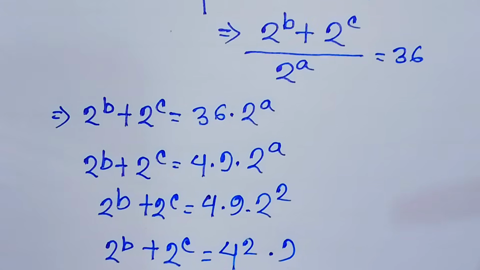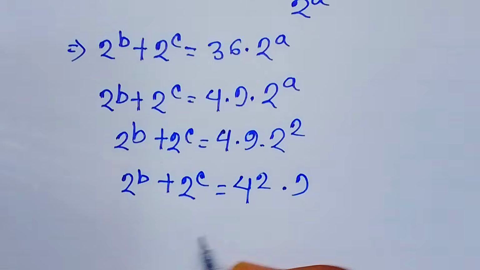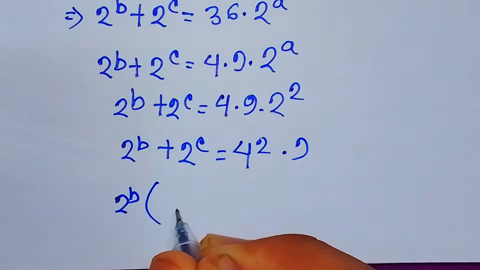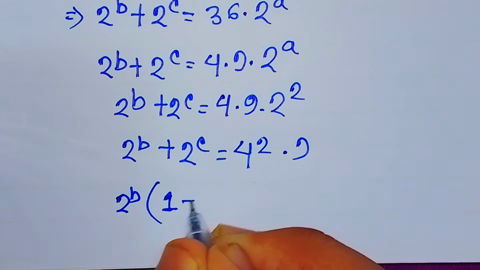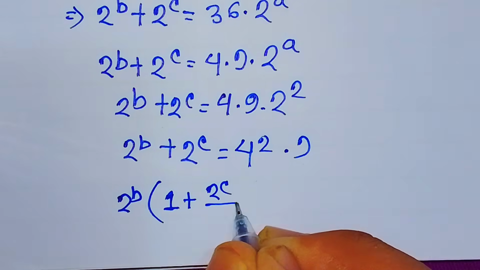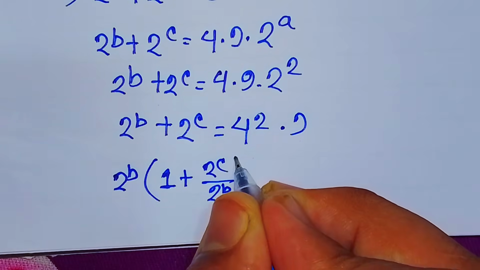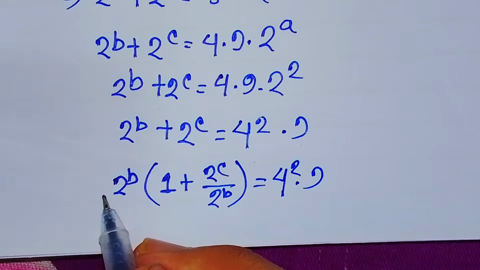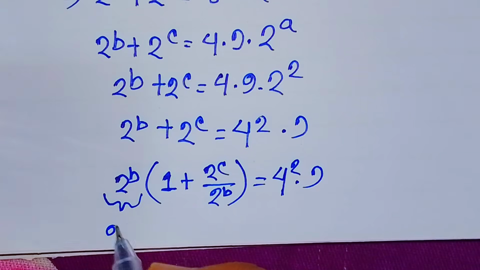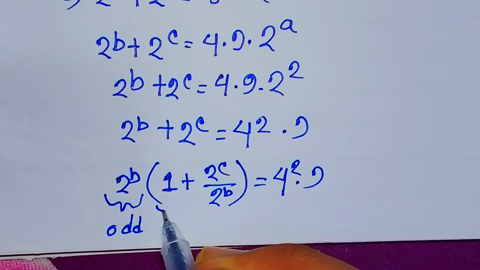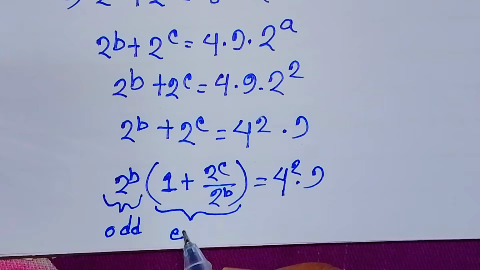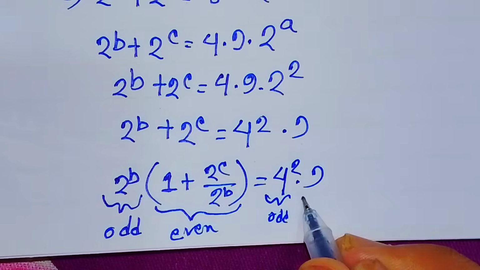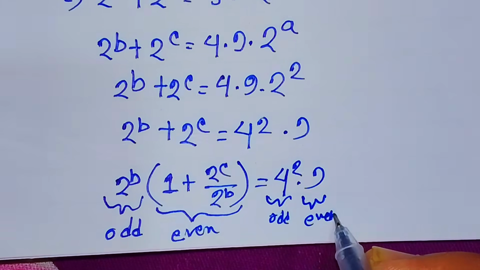So here we can write another exponential equation: 2 to the power b, we can take common, then bracket 1 plus 2 to the power c divided by 2 to the power b bracket equals 4 square times 9. So this is an odd number and this is an even, and also this is the odd and this is the even number.